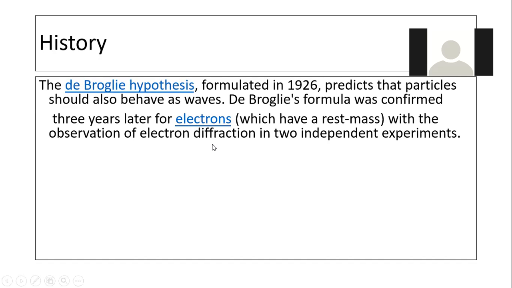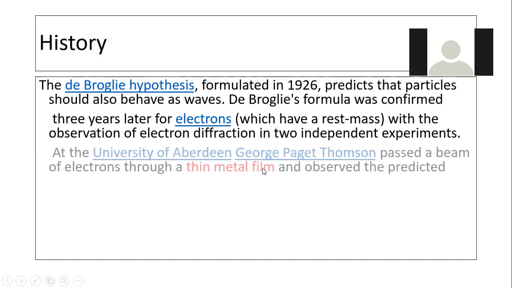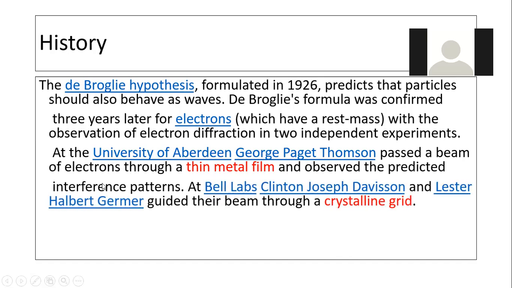With observation of electron diffraction in 2 independent experiments, at the University of Aberdeen, George Paget Thomson passed a beam of electron through a thin metal film and observed the predicted interference pattern. At Bell Lab, Clinton Joseph Davisson and Lester Howard Germer, so this is the main person, did the experiment, guiding a beam through a crystalline grid.